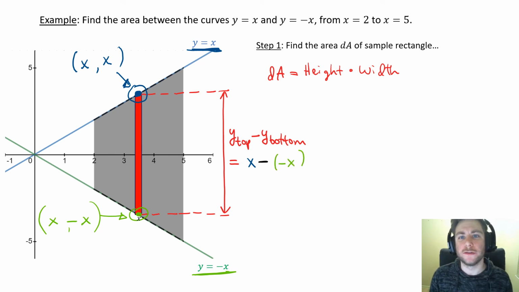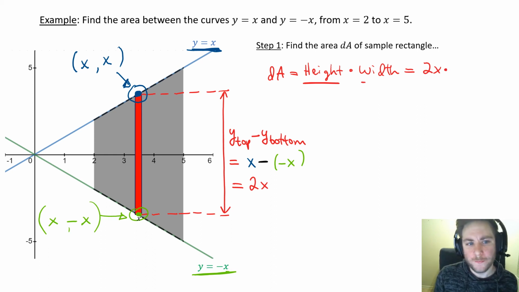Subtracting those will give us that vertical distance. And it's important you go top minus bottom just to ensure that you're getting a positive value for your height. Of course, we can always simplify this as 2x. And so going back to our formula for dA, we now know that the height can be expressed as 2x.